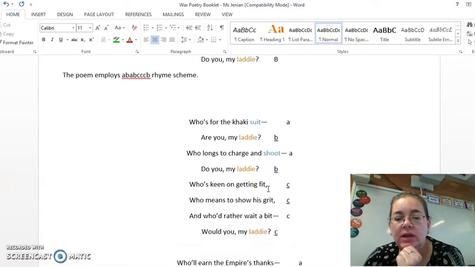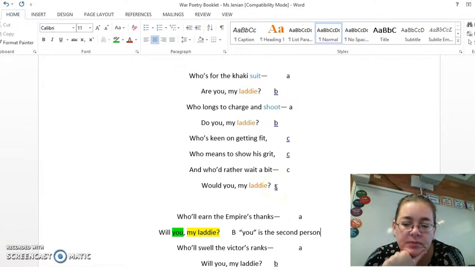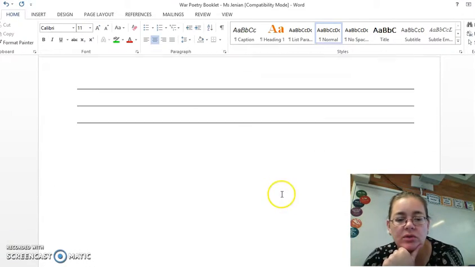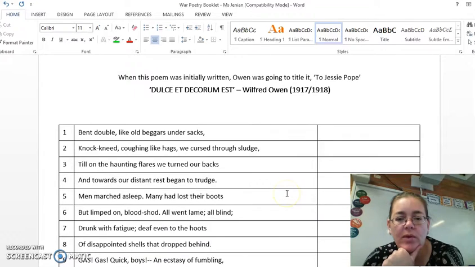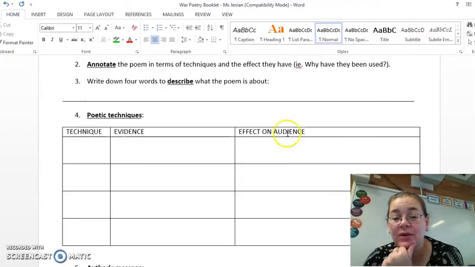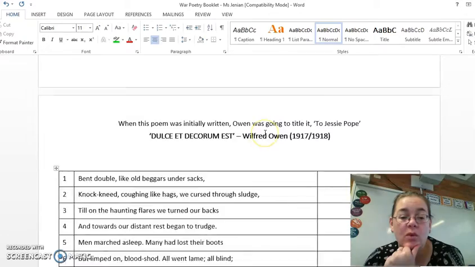When it comes to looking at imagery and symbolism and metaphors and what have you, I'm going to move on to the Wilfred Owen poem, which we remember he was initially going to title To Just a Pope, with a bit of a, you know what, you've made it sound kind of glorious and heroic, but hey, this is the bleak reality of war.